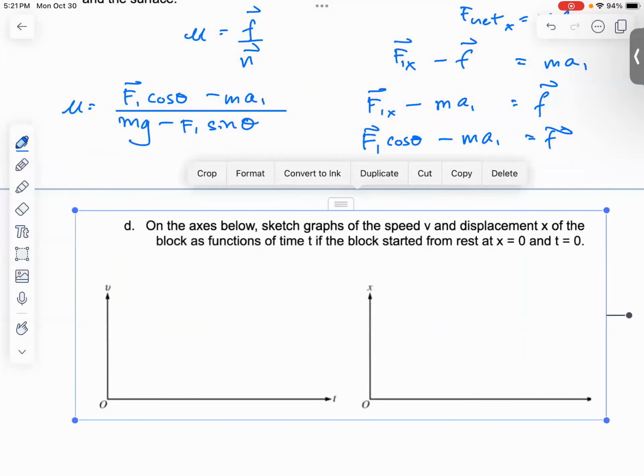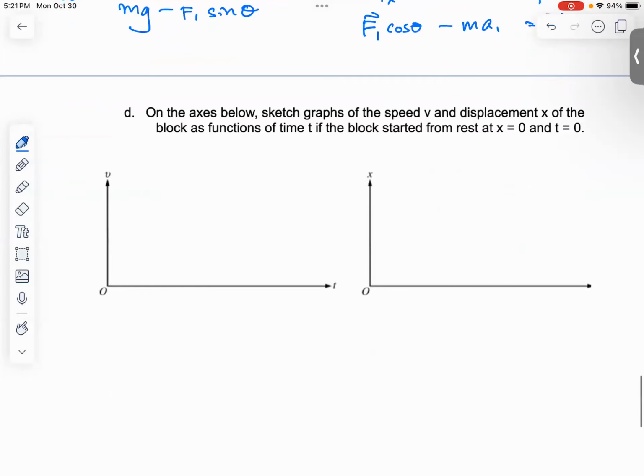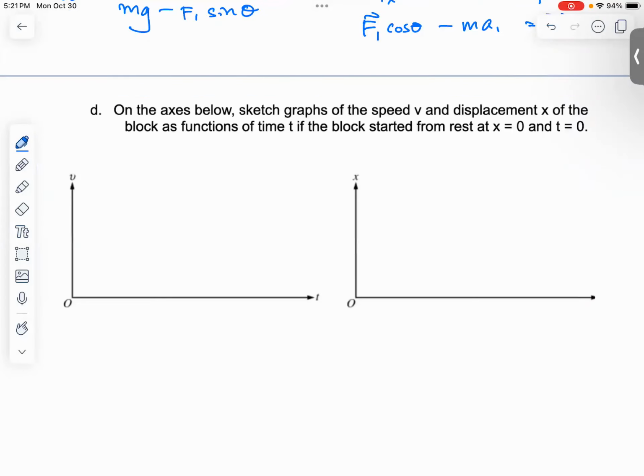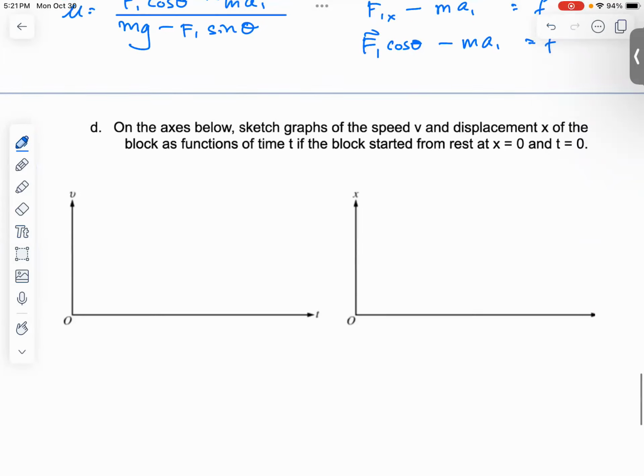All right, part D. On the axes below, sketch the graphs of the speed and the displacement x of the block as a function of time if the block started from rest at x equal to 0 and t equal to 0. All right. Did you draw the graph yet? Nope. Go ahead and draw it. So on a VT graph, what must be shown?